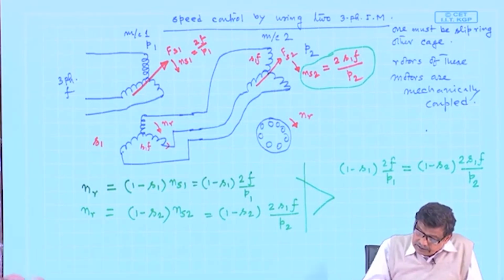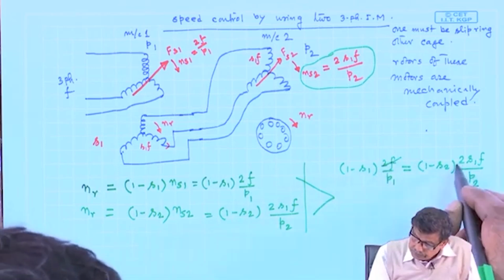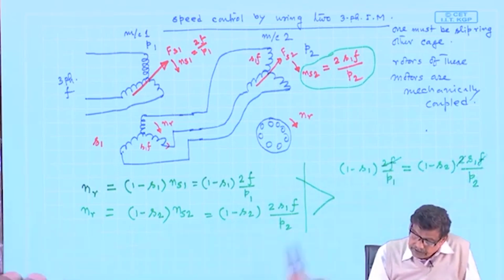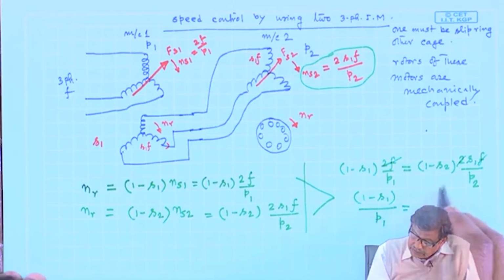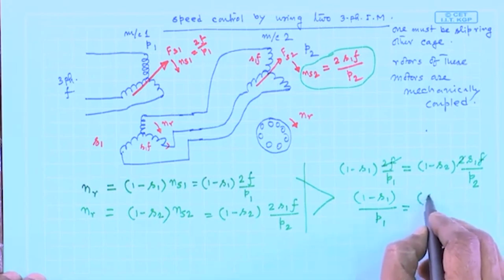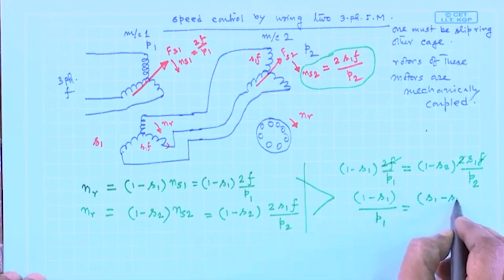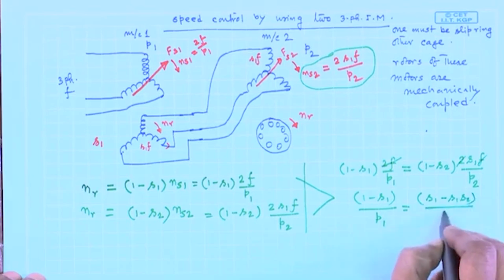Now, you can see this 2f goes from both the sides, and you are left with (1 minus S1) by P1 here, and here what you will be getting is (S1 minus S1 S2) by P2.